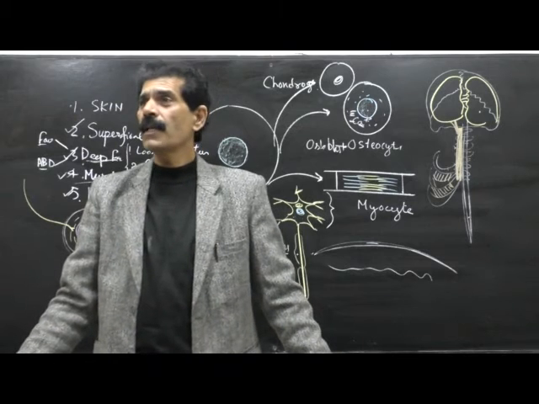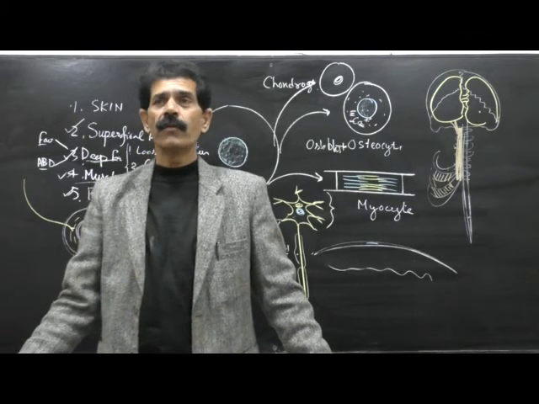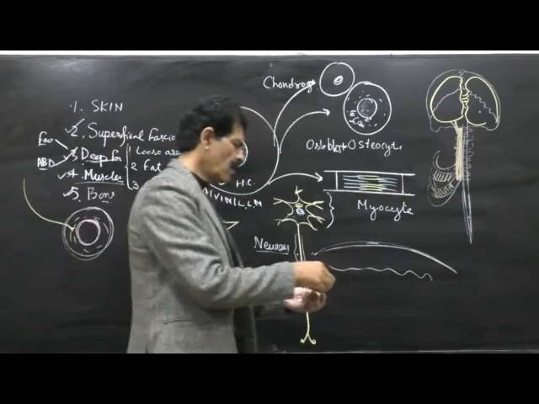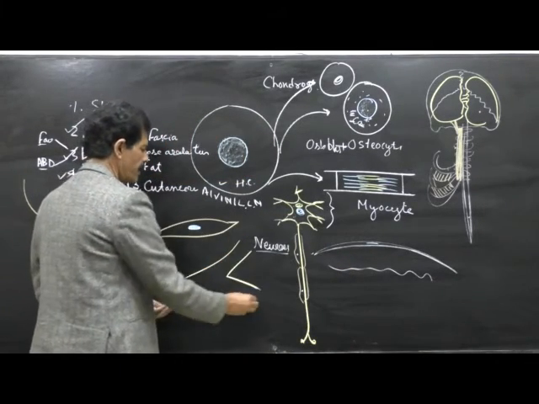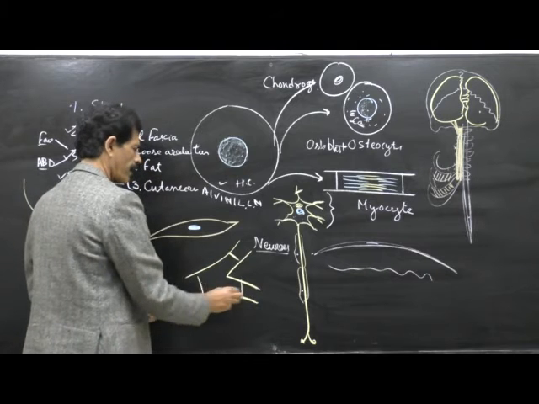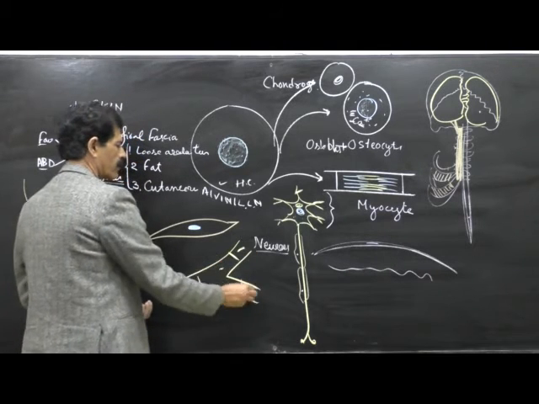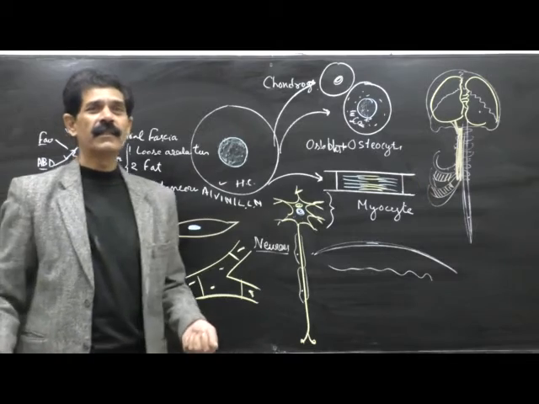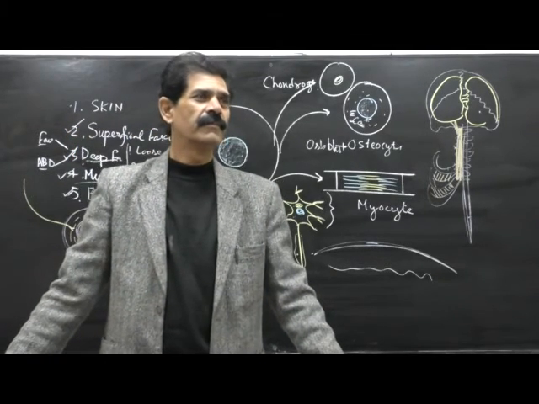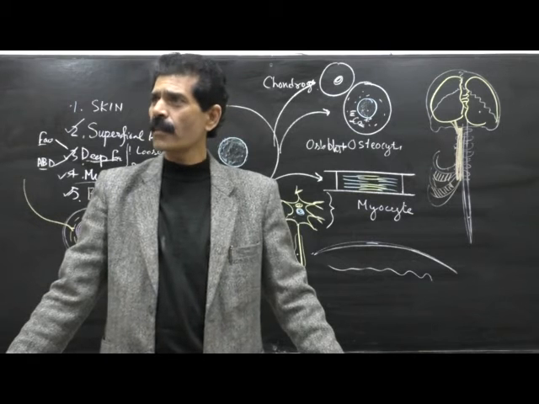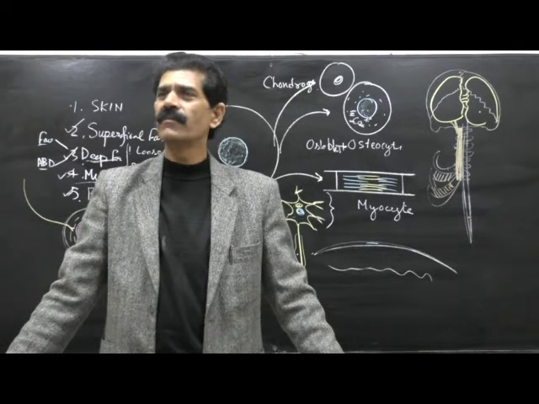So you have to make the heart also. So you can make the heart from the same. Now we'll take the same cells and we construct the cardiac muscles. What is the specialty? They contain intercalated discs. They are also involuntary. They are also supplied by the sympathetic and parasympathetic system.